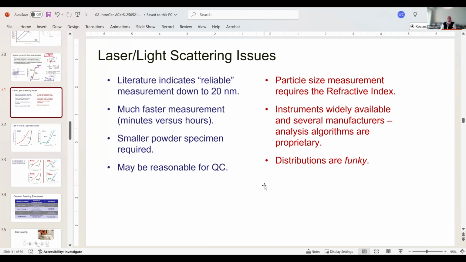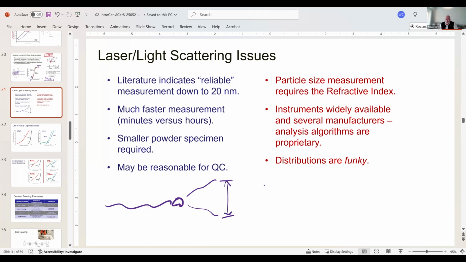It's very fast. It measures in minutes because it's not dependent upon sedimentation. It's looking at the scattering of light through the system when it hits a particle. So you have a particle in suspension, light comes in and then it scatters. They look at this as a diffraction pattern basically, and they determine from this distance here what the particle size is.